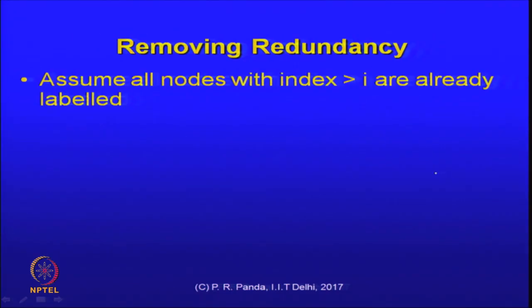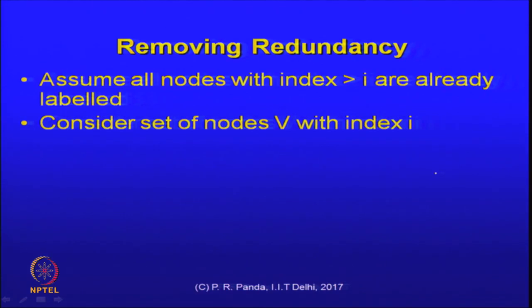Okay. So, this process of removing redundancy, assume that nodes with index greater than i are already labeled. We are moving in a bottom up fashion anyway. So, the higher indices would be processed first. Right. If you consider a set of nodes V with index i, what are those?